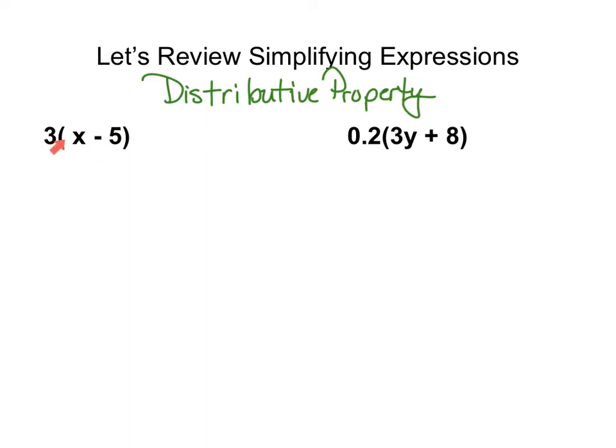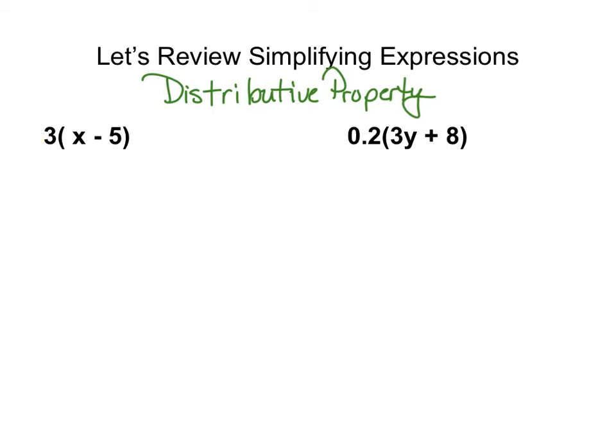Even though there's no operation here, the operation that is implied is multiplication. So when we distribute, we are going to distribute the 3 to every term inside the parentheses. And the operation that we're going to use is multiplication.